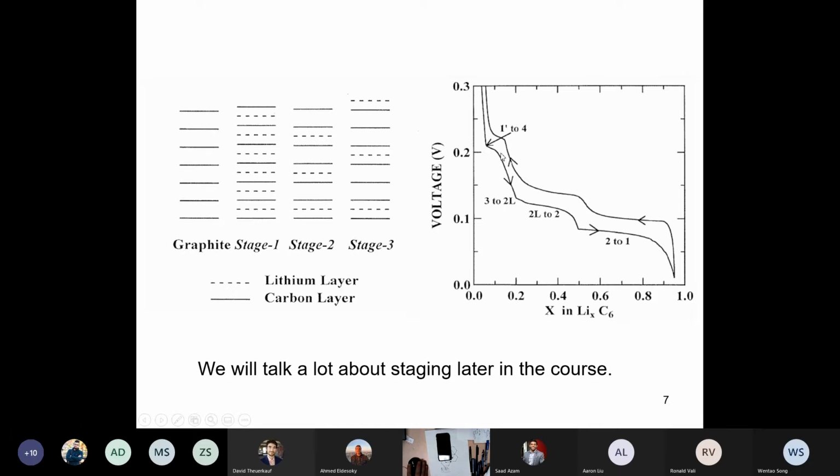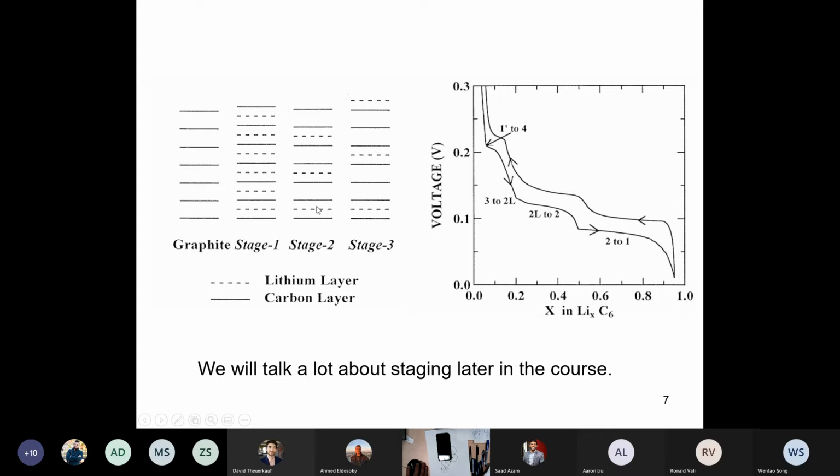Then the voltage drops relatively steeply. And at this point where my mouse is right there, near the L and 2L, you would have stage 3. So stage 3 looks like this. And then you go along a little bit more and it goes to something called 2L. So stage 2L is stage 2, but every layer is only about half as full of lithium as it could be.